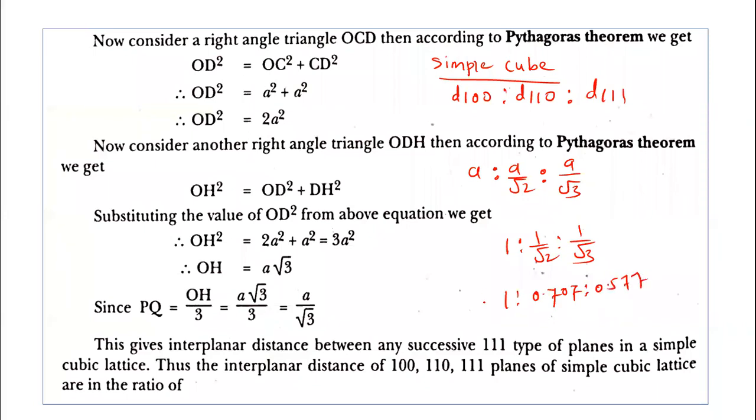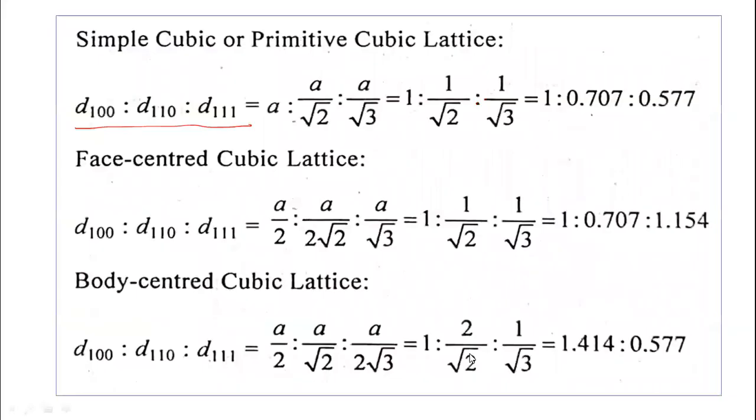So in this way we can find the interplanar distances between the planes. For a simple cubic or primitive cubic cell, the ratio is A to A upon root 2 to A upon root 3, which is 1 to 1 upon root 2 to 1 upon root 3, or 1 to 0.707 to 0.577.